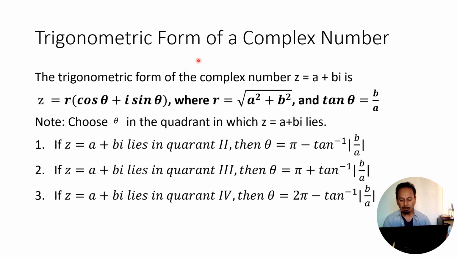Trigonometric form of a complex number. The trigonometric form of the complex number z equals a plus bi is z equals r times cosine theta plus i times sine theta, where r equals the square root of a squared plus b squared and tangent theta equals b over a, where a is the real part of the complex number and b is the imaginary part of the complex number.